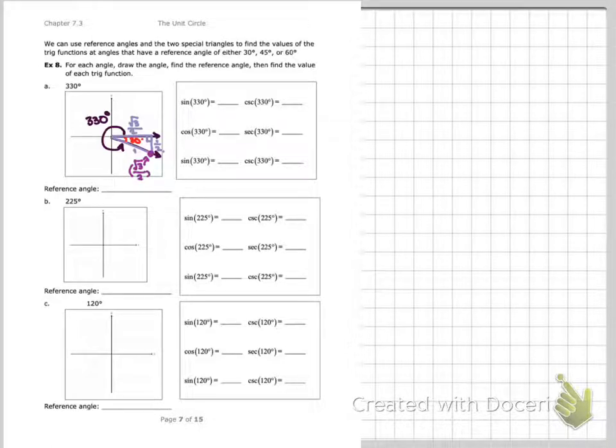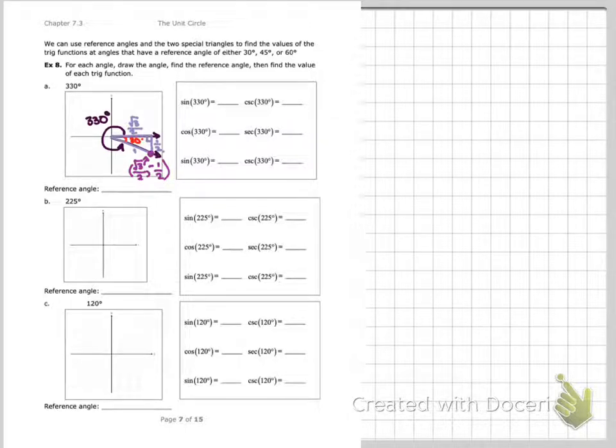My y, we went down 1/2. So this corner of that triangle would be at the point square root of 3 over 2, negative 1/2. Okay, so that's kind of how we're going to look at this.